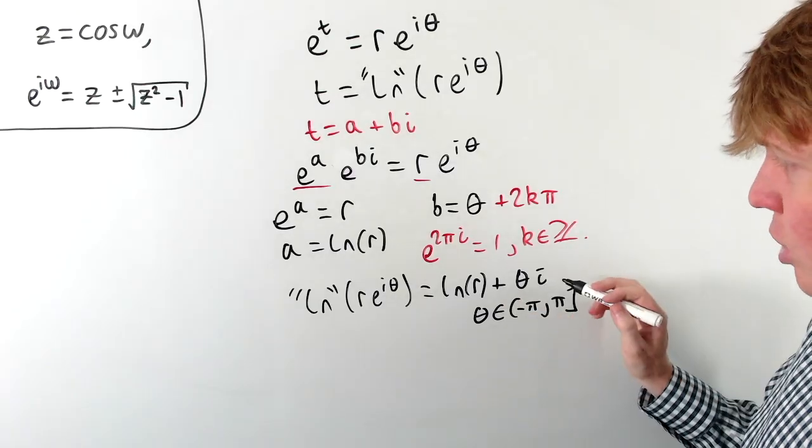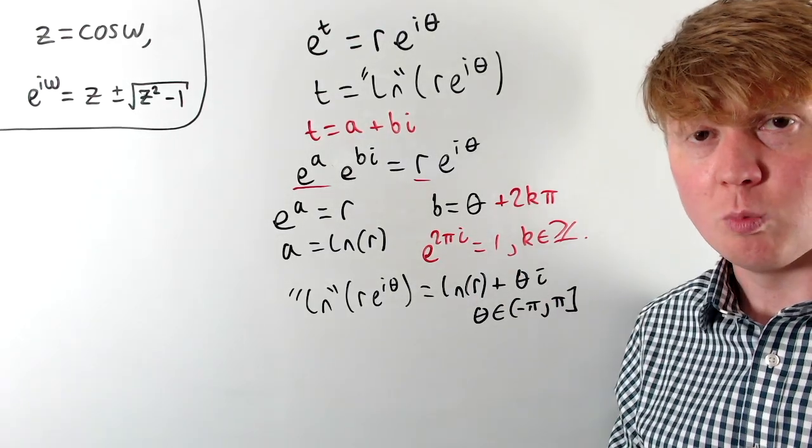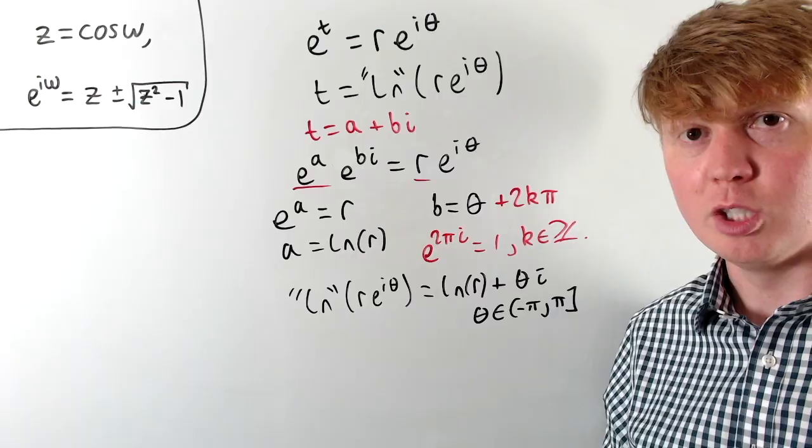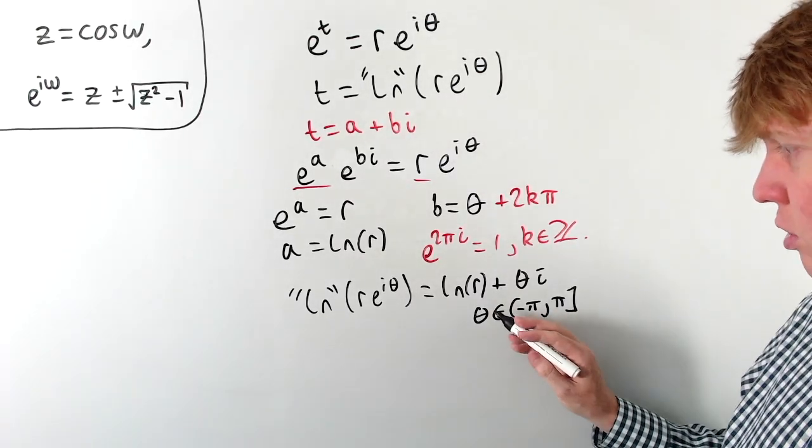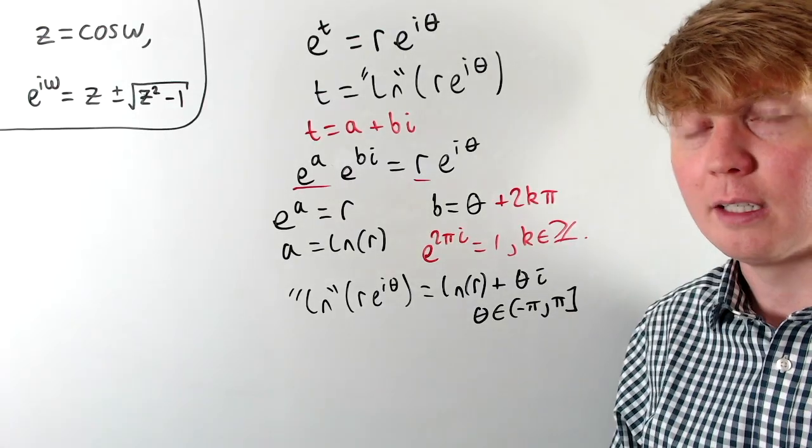And then there's also the possibility, because this would have more than one solution, we could also add some multiple of 2 pi. But this is starting to get a bit messy, especially having to make sure that theta is between negative pi and pi.